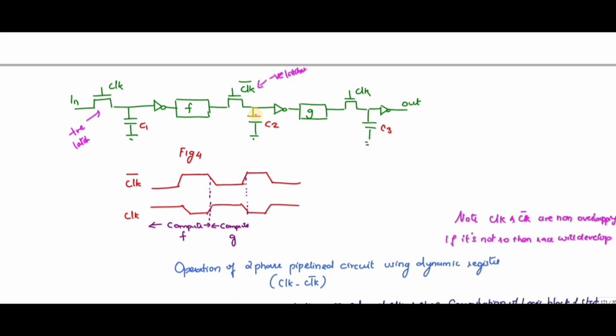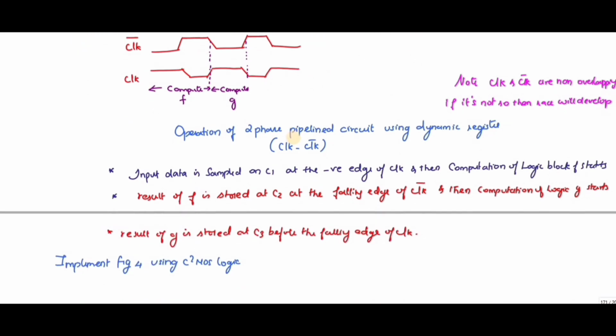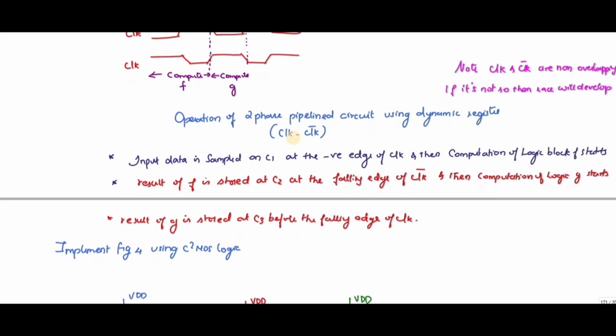If we use an overlapping clock, there is a possibility of a race developing between the previous input and the present one. This is the operation which I have told you before.